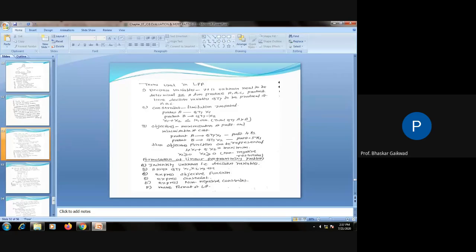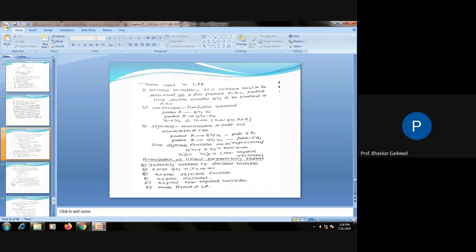If we add, then this is the maximum expected from the industrial point of view. But in this case, quantity should be either 0 or greater than 0. It should not be minus. So x1 should be greater than or equal to 0, x2 is greater than or equal to 0, non-negative restrictions. So this is the formulation of our linear programming.